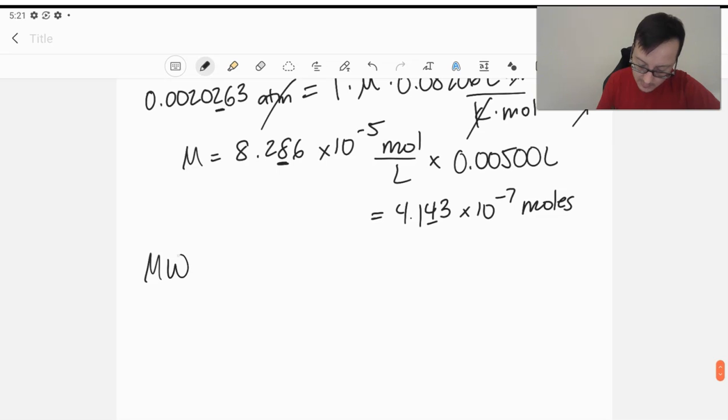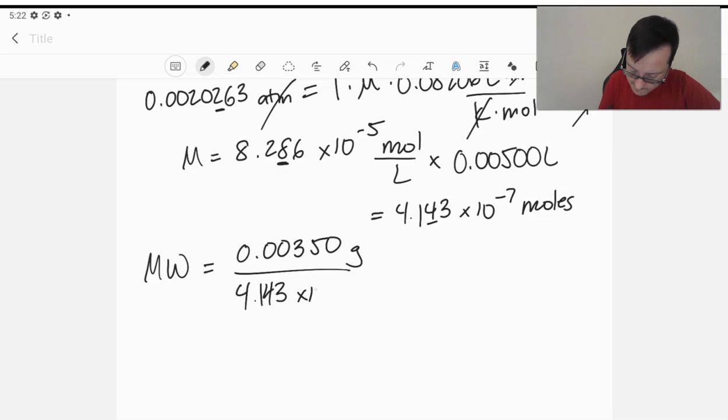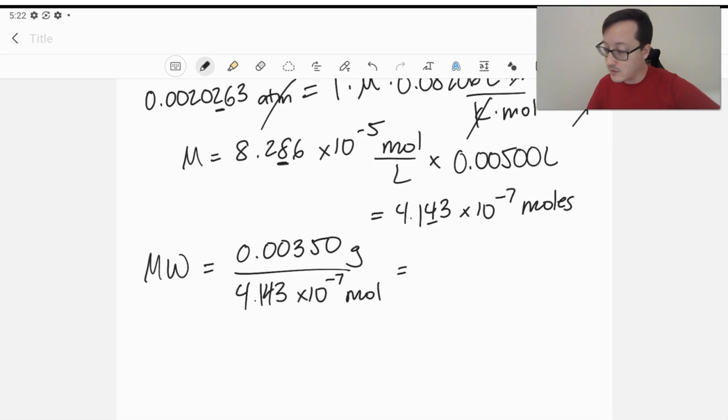So our molecular weight, or molar mass, will be our grams, 3.5 milligrams, or 0.0035 grams, divided by the moles. Notice we're going to get a very big number this time, because proteins tend to be pretty large. So that's pretty standard.